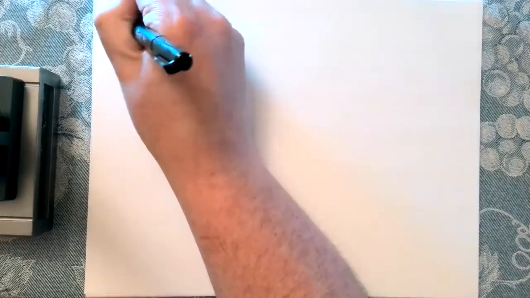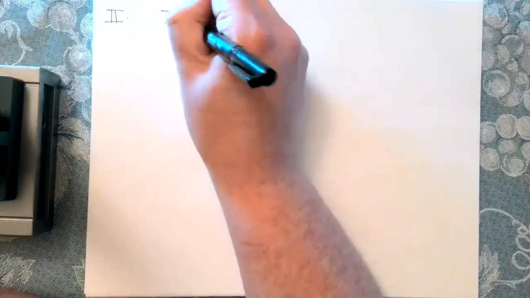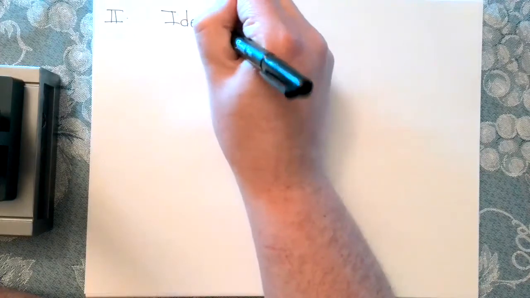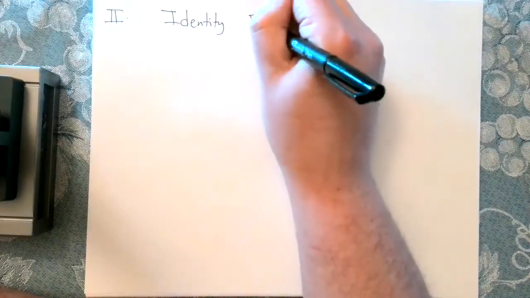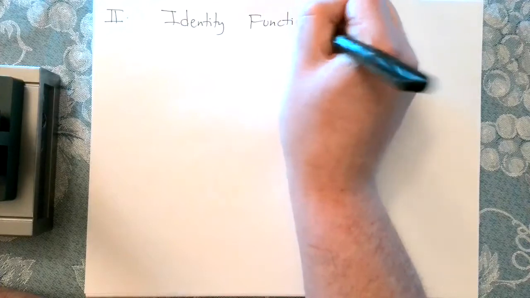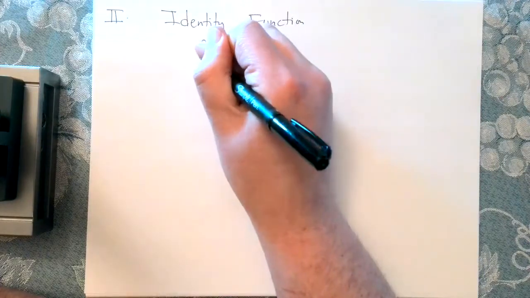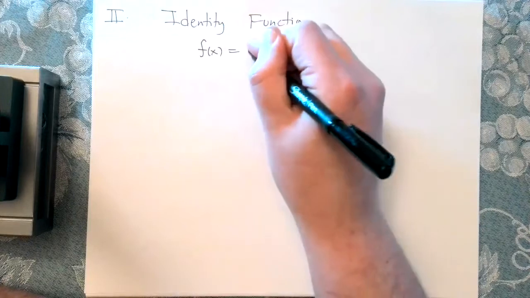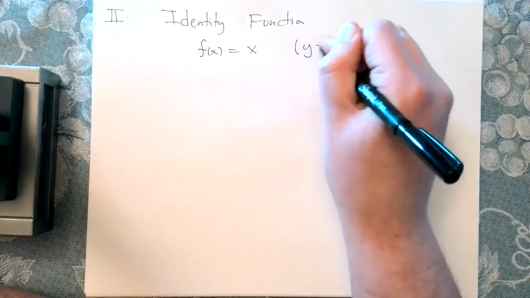Next is the so-called identity function. And that's f of x equals x, also known as y equals x.